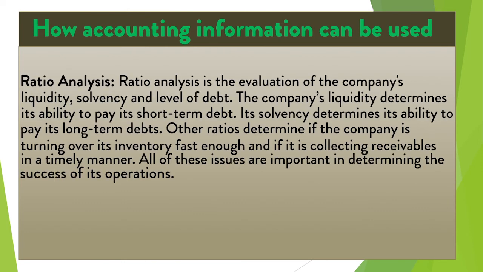Ratio analysis is conducted to determine the company's financial position. So the experts or people who understand will always look into certain elements of the financial statement and get to understand whether you're a going concern or not.